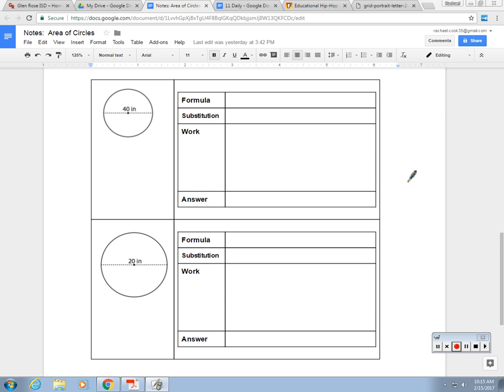Okay, next one. What part of the circle do we have? Diameter. How do I find the radius if I'm given the diameter? We're going to divide the diameter by 2. What's 20 divided by 2? 10. So my radius is equal to 10. What's the formula that I need to use?